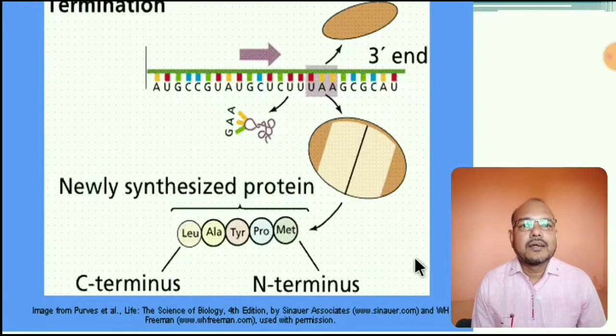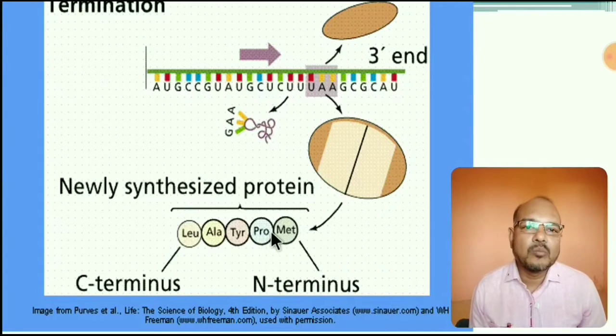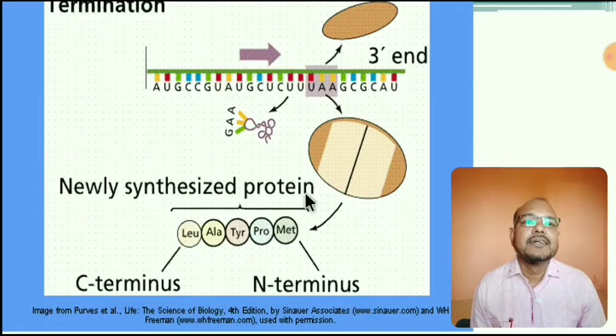After the complete synthesis of the protein, termination takes place. In the newly synthesized protein, amino acids such as leucine, alanine, tyrosine, proline and methionine are attached to each other and released when the termination factor is activated.